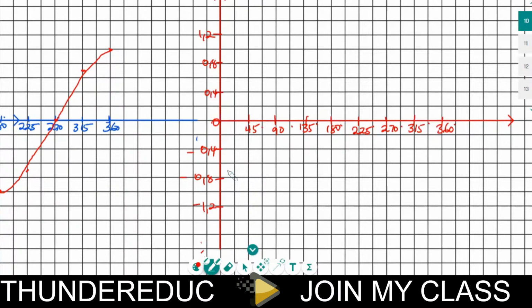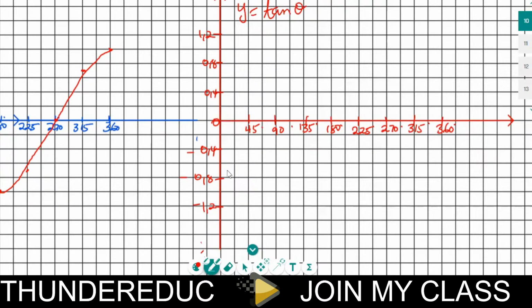Now, one thing we need to know is that with the tan graph, we always have what we call asymptotes. And these asymptotes will be formed at points where you see error or undefined.